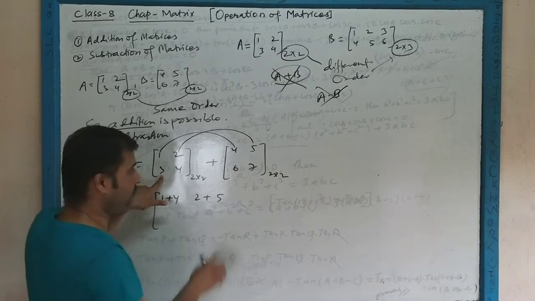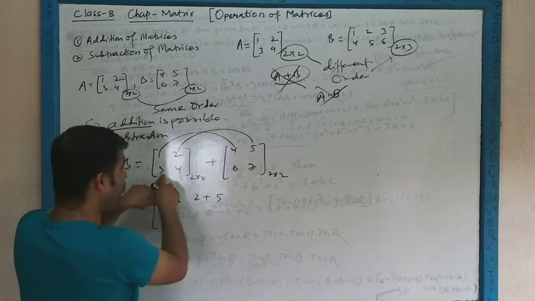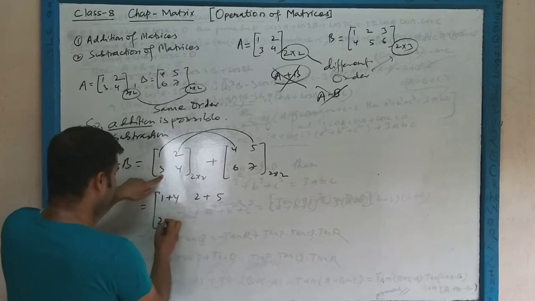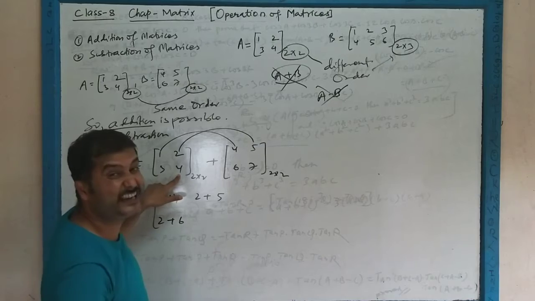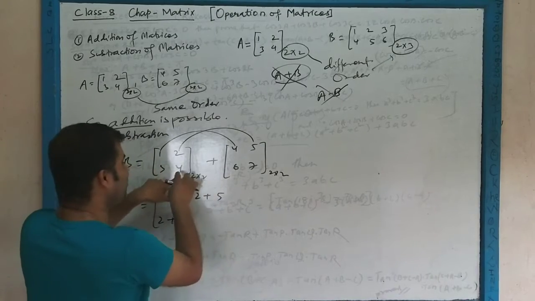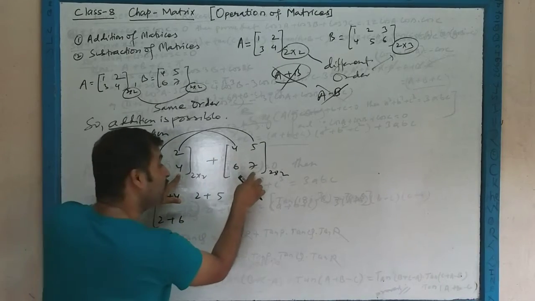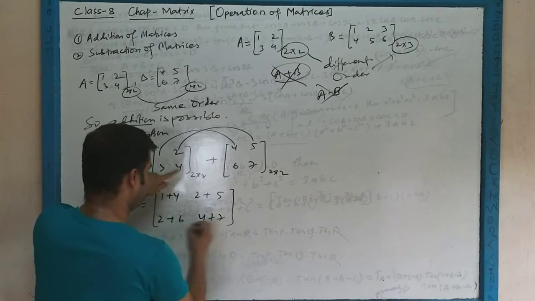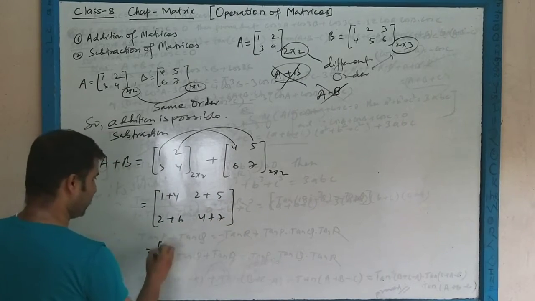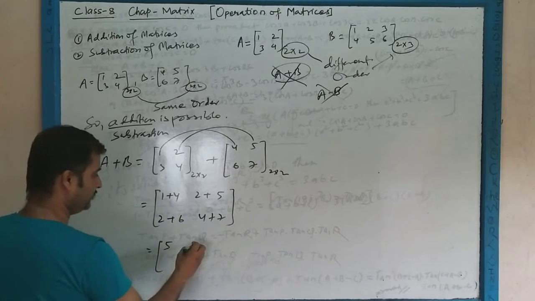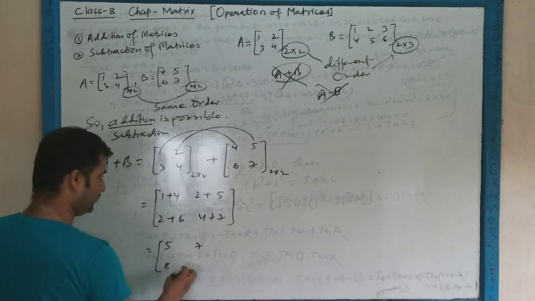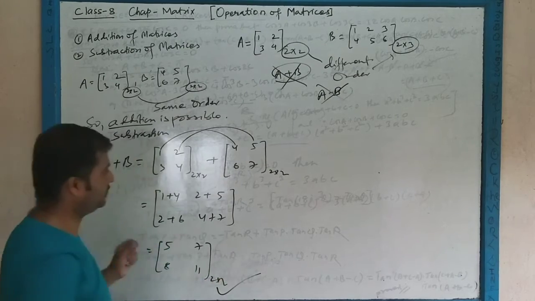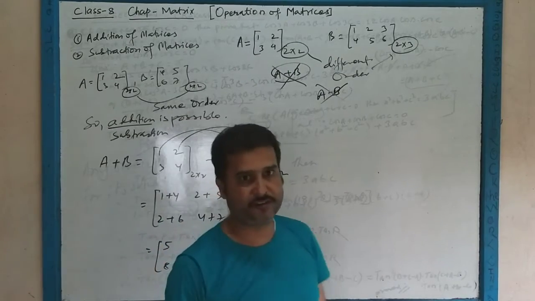Second row first column of matrix A will be added to second row first column of matrix B, 3 plus 6. Second row second column of matrix A will be added to second row second column of matrix B, 4 plus 7. So finally what is the answer? It is 5, 7, 9 and 11. The answer is 2 by 2. This is our answer. We have added two matrices.